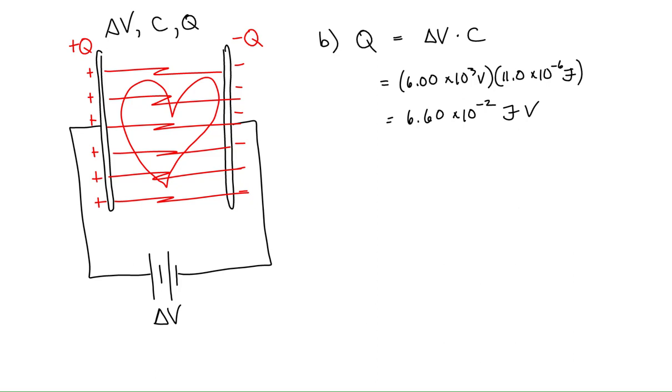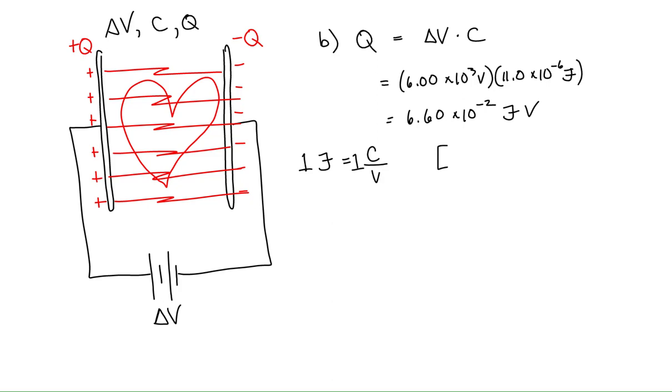Okay, and we're looking for charge. We know the unit of charge is the coulomb. Let's see if a farad volt is equivalent to a coulomb. So remember, the unit of the farad, as we've shown previously, is equal to coulomb per volt.